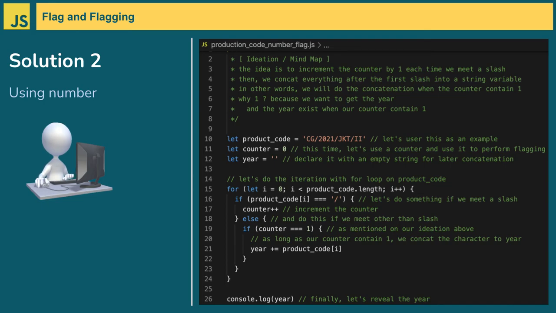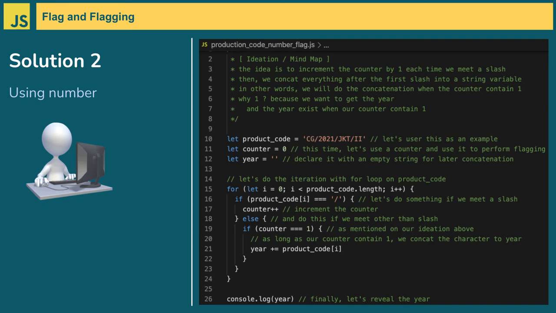As you can see, I'm changing the flag variable into a counter variable, whose type is automatically number, because I declare it by initiating 0 to it, and then we do the iteration, and every time we meet a slash, we increment the counter variable.